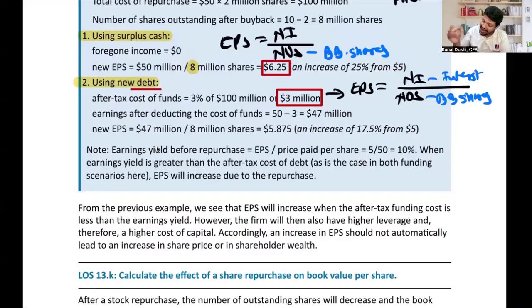So my earnings will go down and the denominator shares will also go down. So what will happen to my new EPS? It is higher, but not as high as utilizing the surplus cash. But again, my EPS has increased. Yes or no, everyone? Correct.